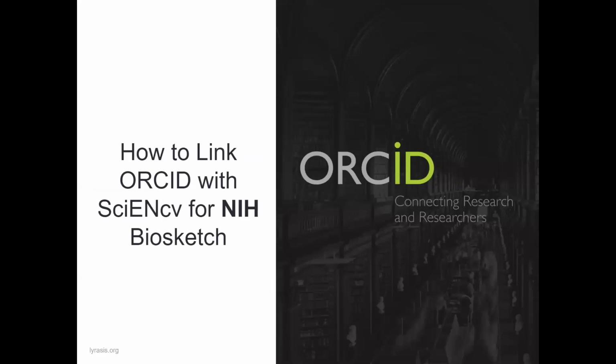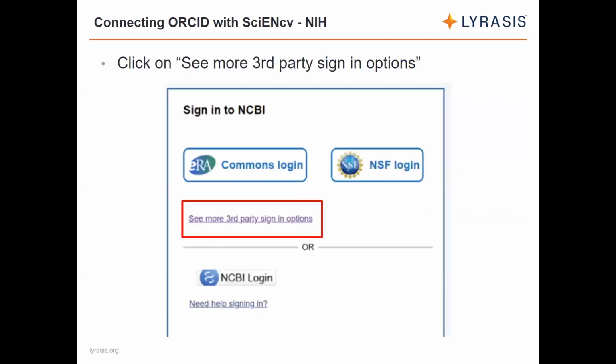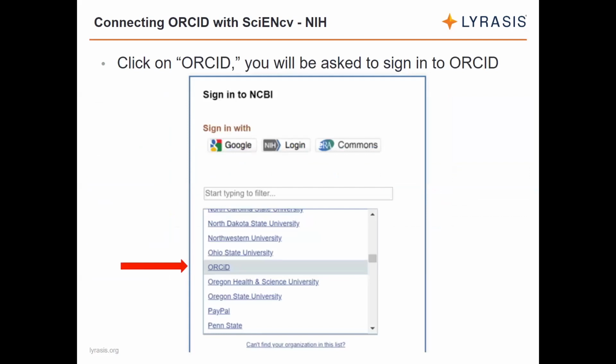So now we're going to cover how to link your ORCID record with SciENcv for the NIH Biosketch. To get started, you'll go to the SciENcv homepage and click the blue button that says Click here to start. You'll be asked to sign in to NCBI. If you click on the See More Third-Party Sign-In options, you'll notice that ORCID is listed as a sign-in option.